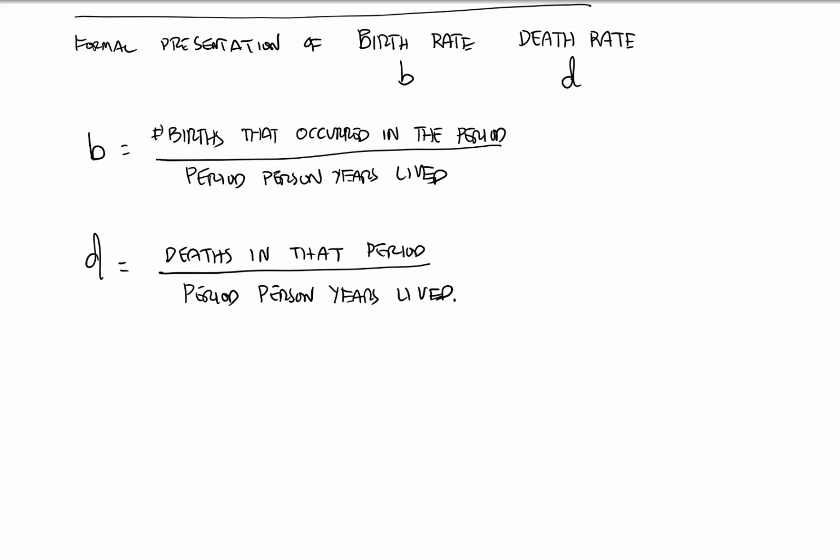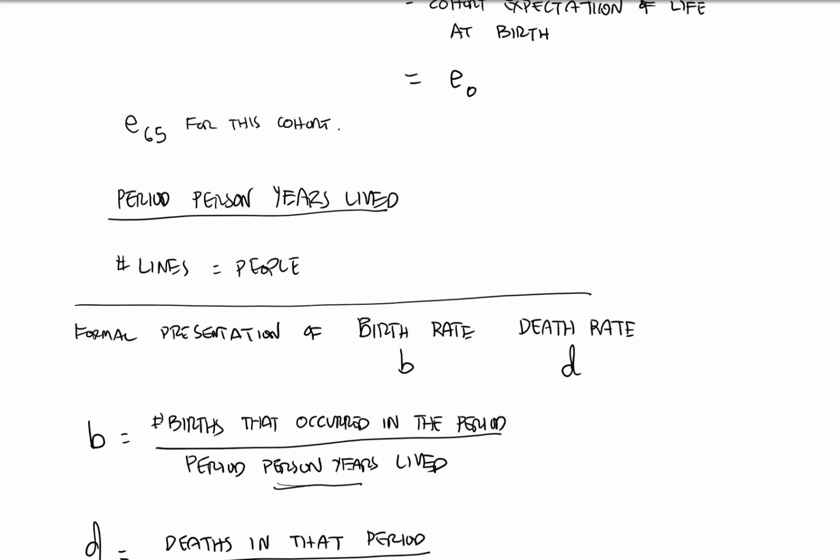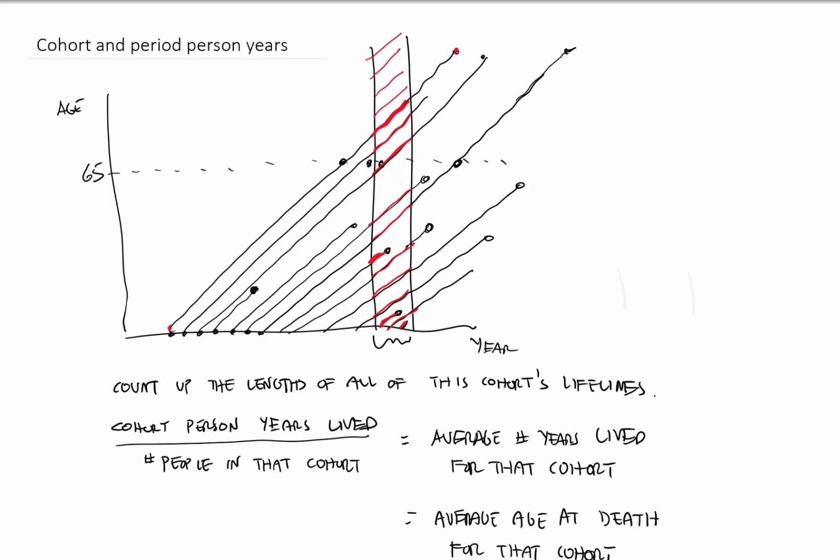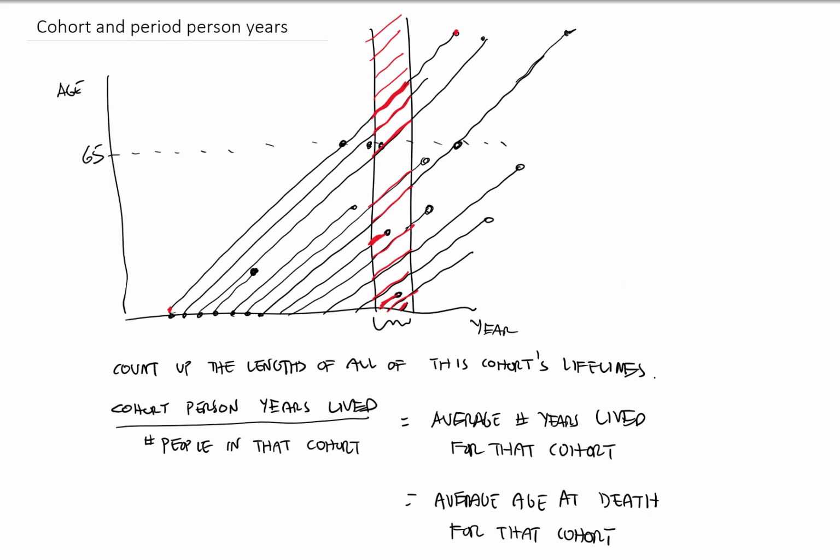So that's our formal definition. Our denominators are not persons. Our denominators are person years. And by talking about the period, what we're talking about is the number of years lived in a vertical strip.